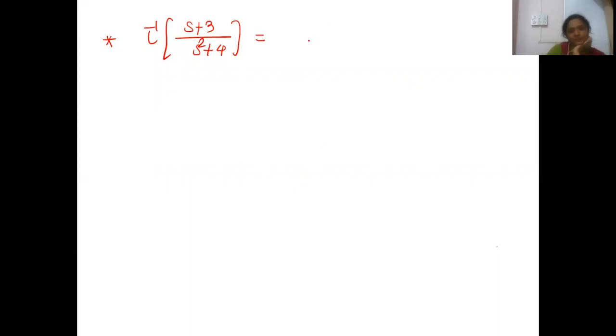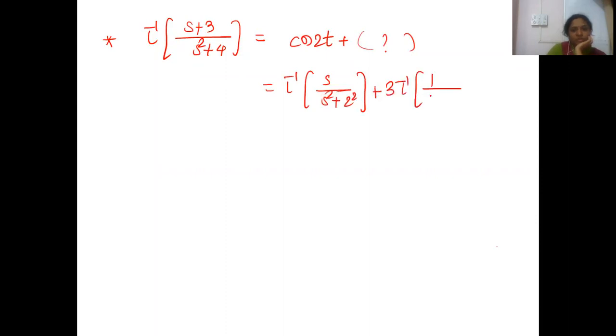What is the answer? Cos 2t plus 3 cos 2t. No. Laplace inverse s upon s square plus 2 square plus 3 into Laplace inverse 1 upon s square plus 2 square.